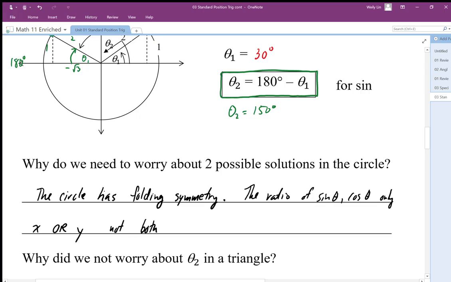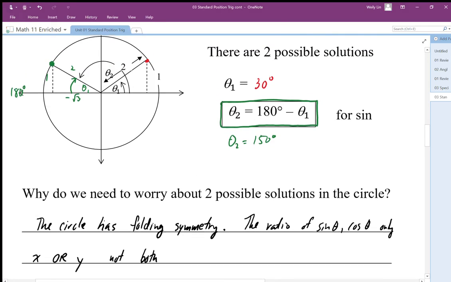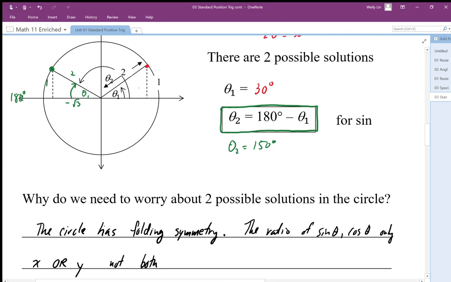Therefore, we can cut out half the circle, but we can't necessarily narrow it to one quadrant. Because sine relates only to y, we don't know if the x is negative or positive. So we have to give both solutions.